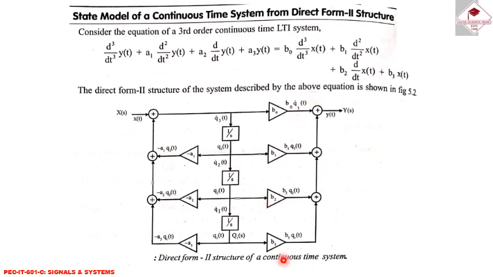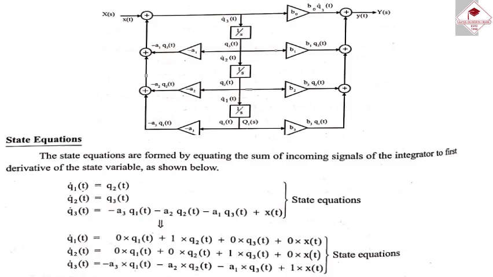Here, the direct form 2 structure of a continuous time system can be written with x(t). This is the representation of this particular structure. Now from this we are going to extract the equations. In the next slide, I'm going to represent this total structure. Here, this is the first derivative, this is the second derivative, and this is the third derivative.